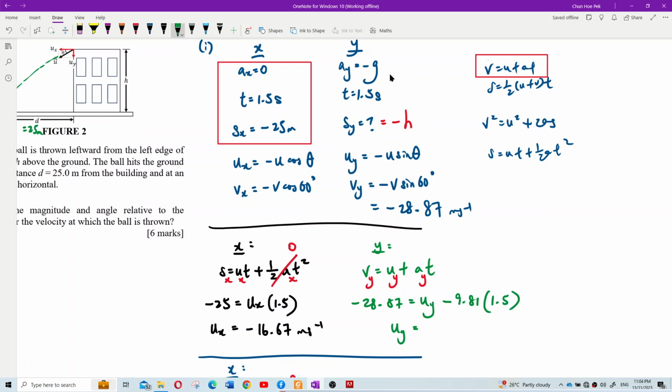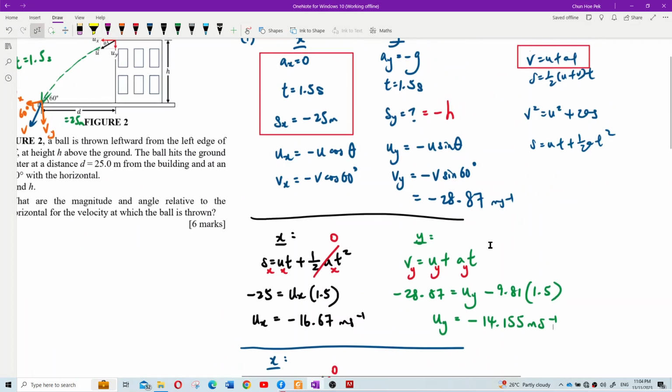Negative 28.87 plus 9.81 multiplied by 1.5. So yes, uy is negative 14.155 meters per second. Okay, I got my uy.